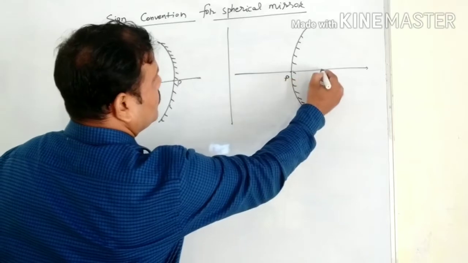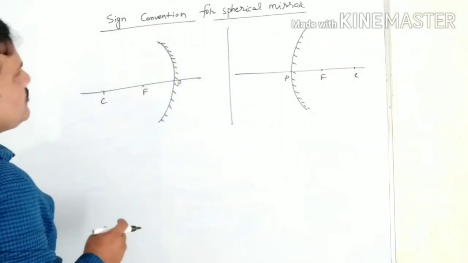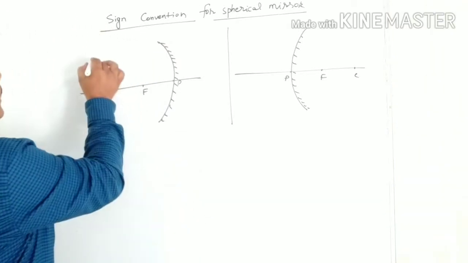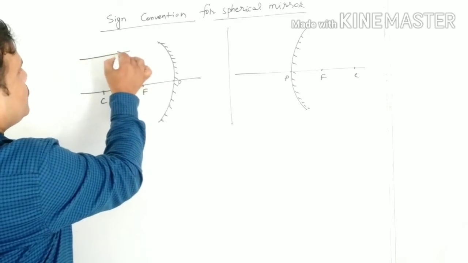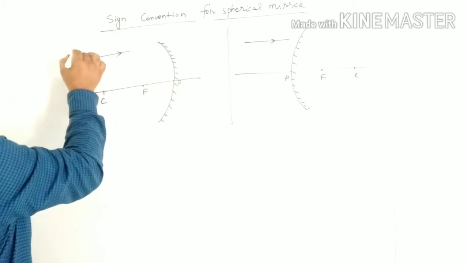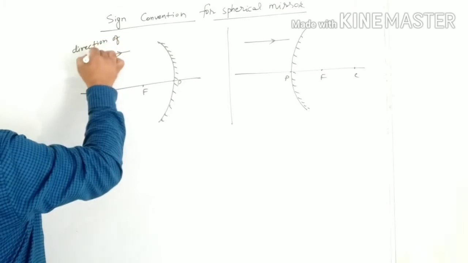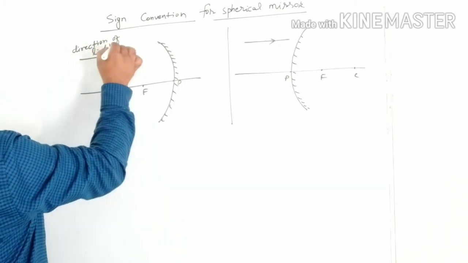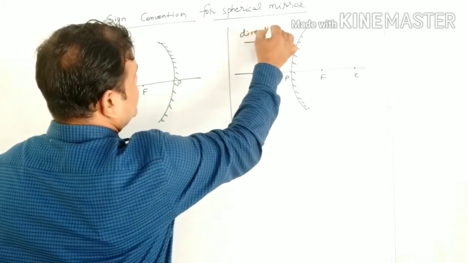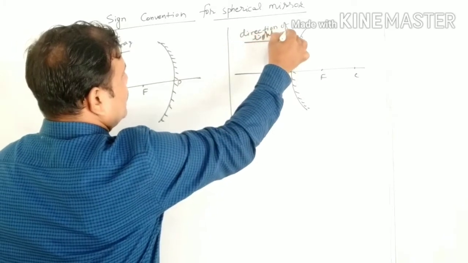In the sign convention, this is the direction of the light ray.